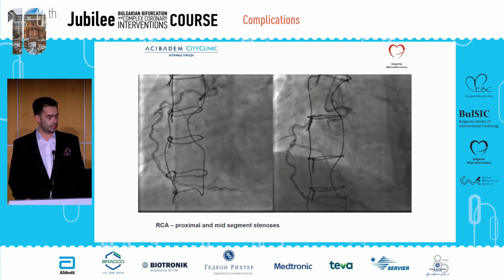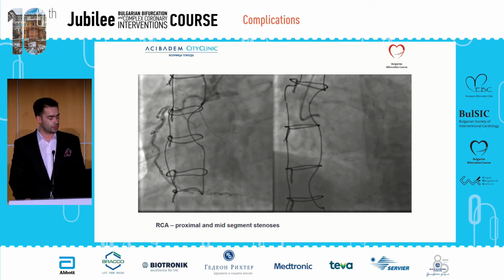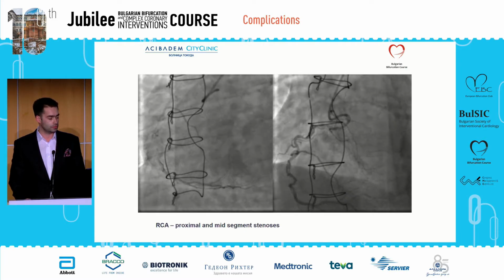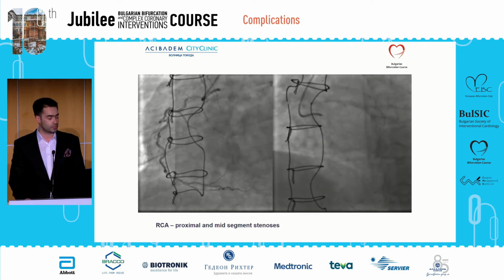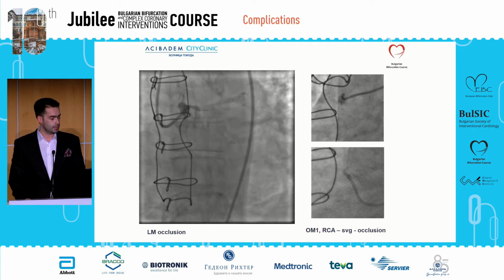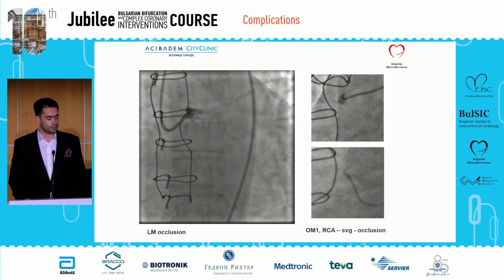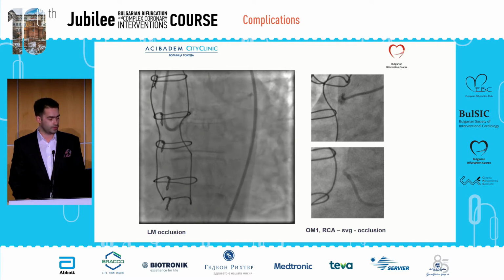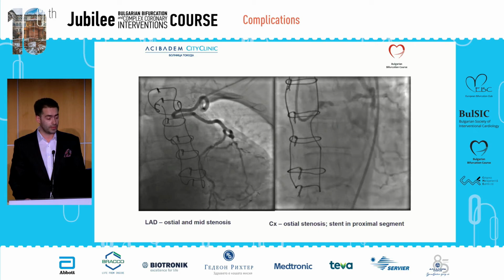Here you can see the angio, this is the right coronary artery, with severe tortuosity and tight stenosis in proximal and mid segments. Occlusion of the left main and occlusion of the two vein grafts. One excellent working mammaria.